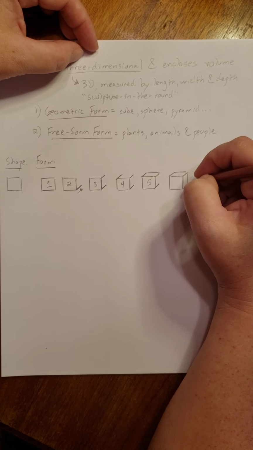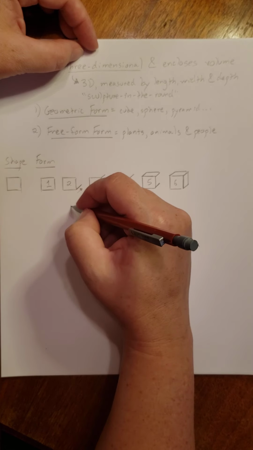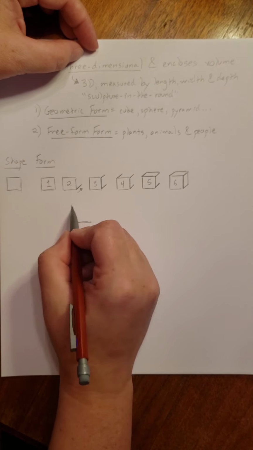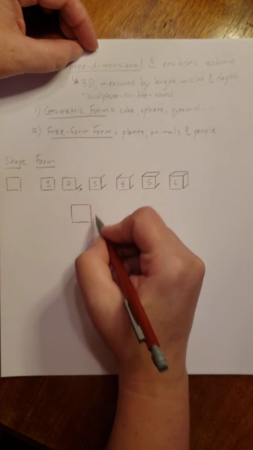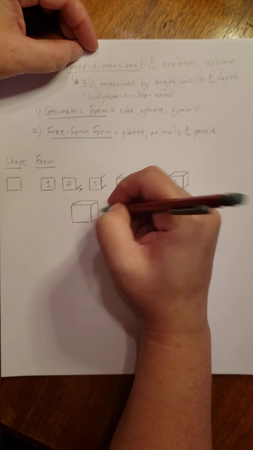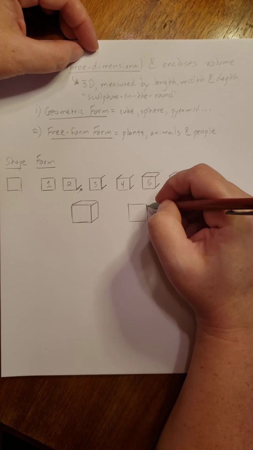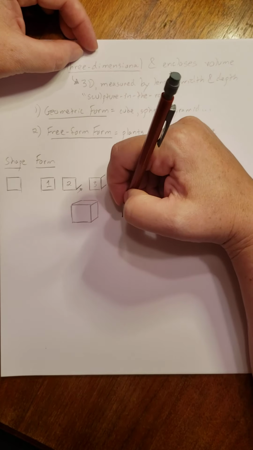This is a vertical line. I need a vertical line here. So go ahead and draw your square again. Let's make it into a cube going to the right. And let's draw a cube going to the left. I'm right-handed, so I always have to change my hand over here.